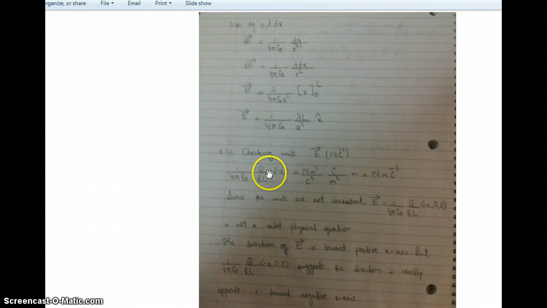The unit of charge is Coulomb, both radius and L have the unit meter and their product is meter squared, and a has the unit meter. Simplifying this, the unit of electric field becomes Newton meter per Coulomb, and that is not consistent with the true unit of electric field. So the equation E vector equals 1 over 4 pi epsilon naught times q over r times length is not a valid physical equation.